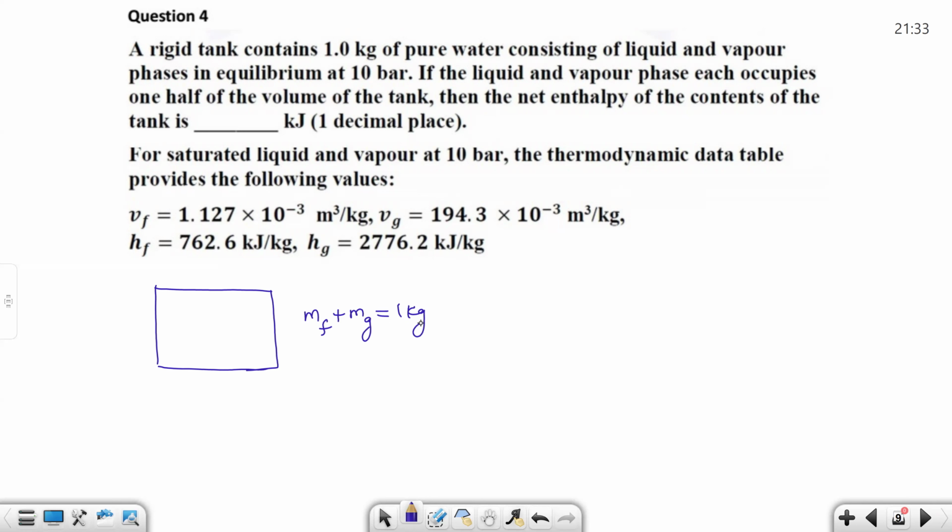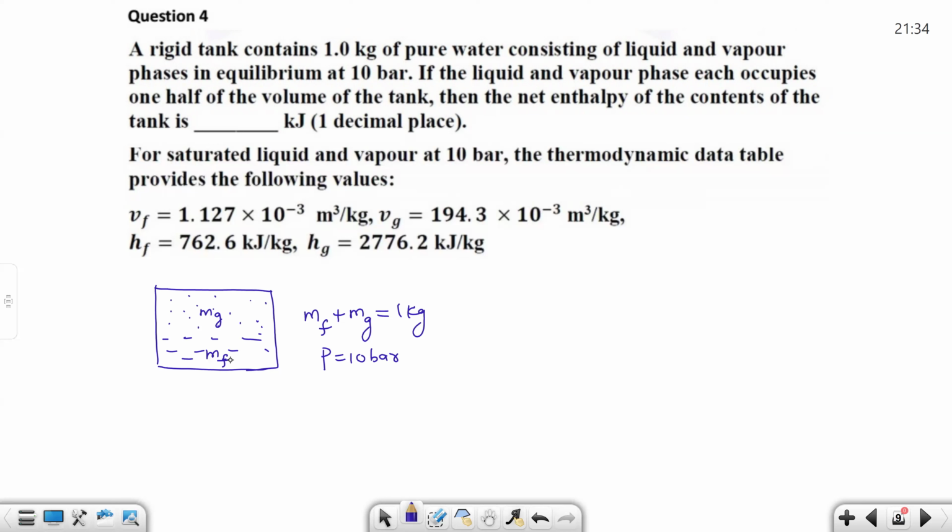It is in equilibrium at a pressure of 10 bar. So here you have a liquid and the gas, together 1 kg.